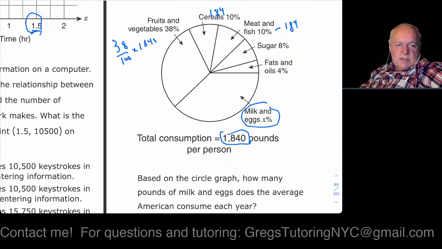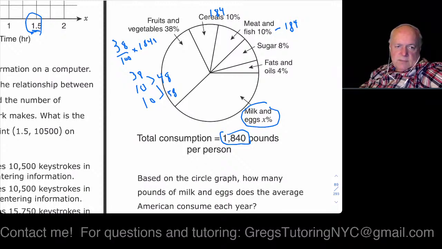Okay. So let's just start writing that out. We have 38 is the fruit and vegetables, 10 for the cereal, right? So far we have 48. We're going to add the 10 for the fish. So now we have 58. We're going to add the sugar.